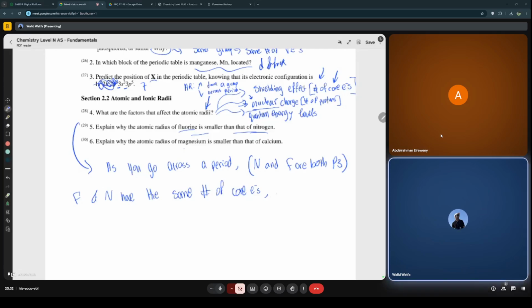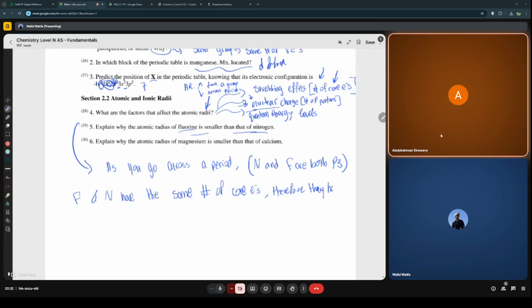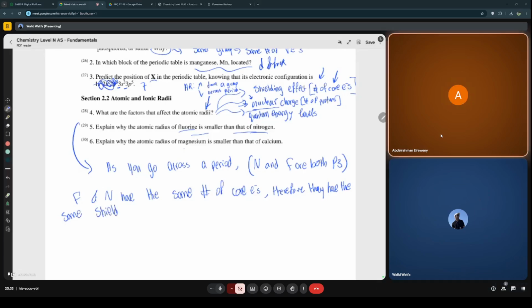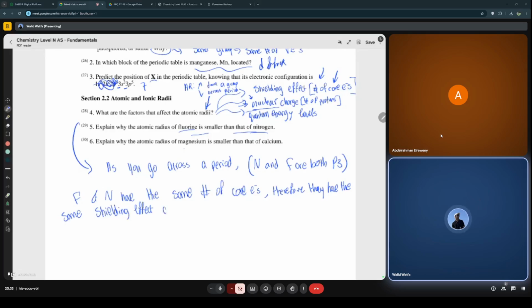Okay. Therefore, what does that mean? They have the same what? If they have the same core electrons, the same shielding effect. Do we need to say the energy level or no need? You can add it.